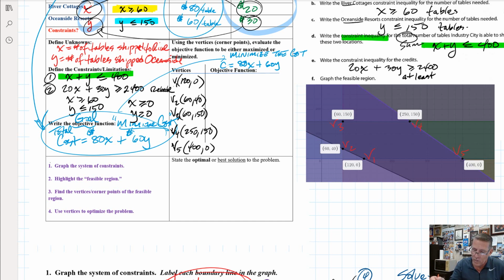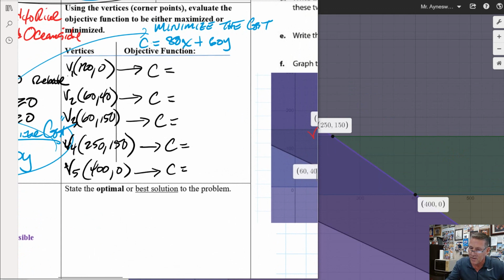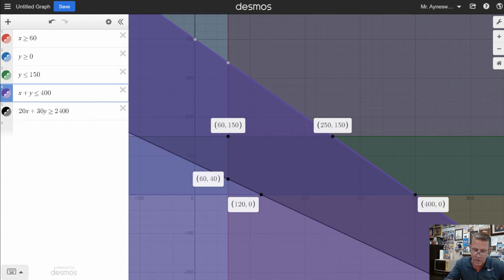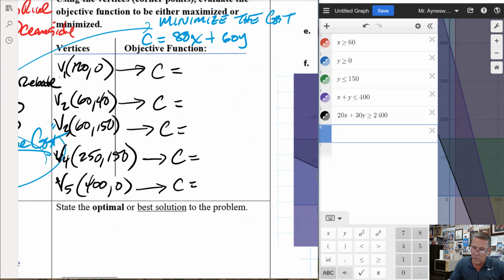All right, so what we're going to do is we're going to use Desmos here to our advantage. Okay, so each one is going to yield a cost, and what we want to do is find the minimum. So we're going to use Desmos for that. So here we go. So let's keep this in our sights right here, and let me whip up Desmos on the third line. Let's put this side by side. All right, so what's going on here?